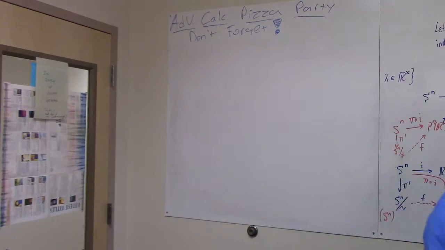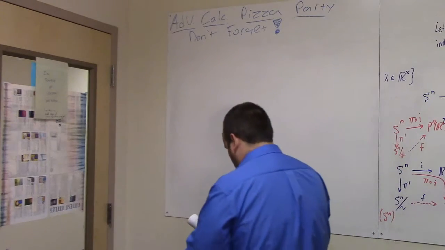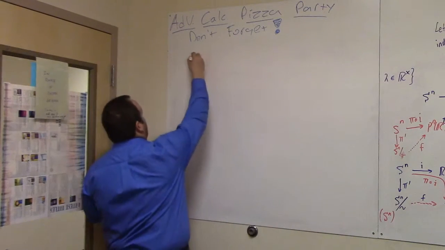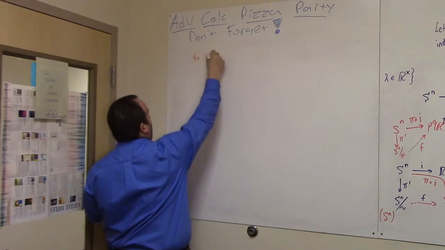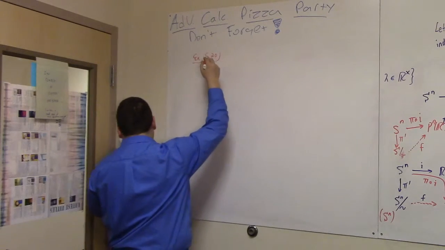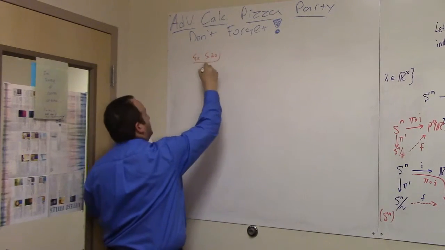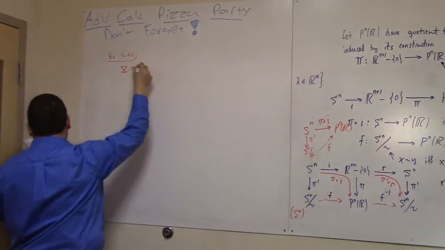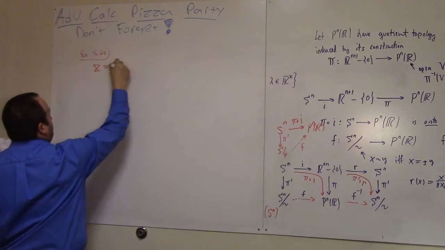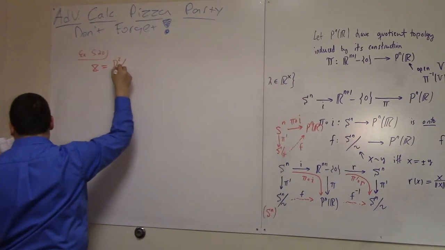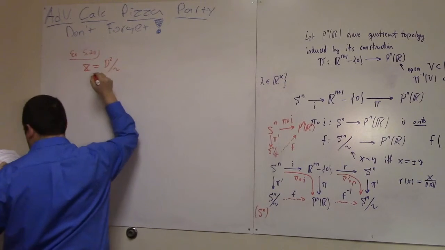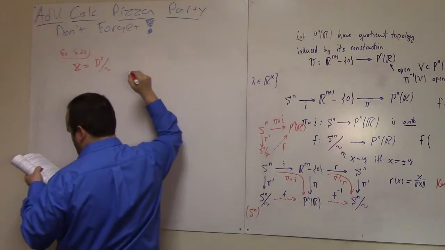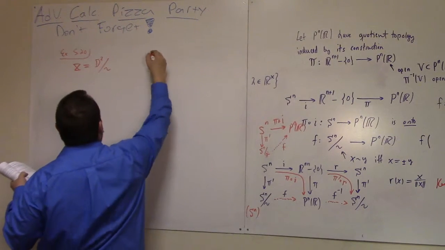All right, example 5.20. Let's see if we can understand this one. He says, consider the space X, which is the disk D2, mod some equivalence. What is the equivalence he's going to use?